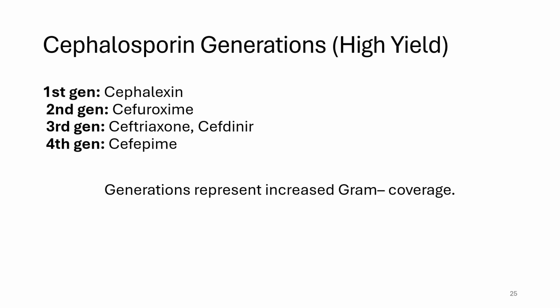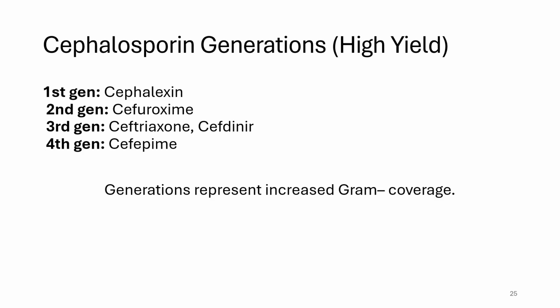Cephalosporins are a major beta-lactam class, and the generations are very high yield for exam and clinical reasoning. First generation, cephalexin: think strong gram-positive coverage, especially skin and soft tissue infections. Second generation is cefuroxime, and there are other examples in these classes; I'm giving you one or two examples that are the most common.